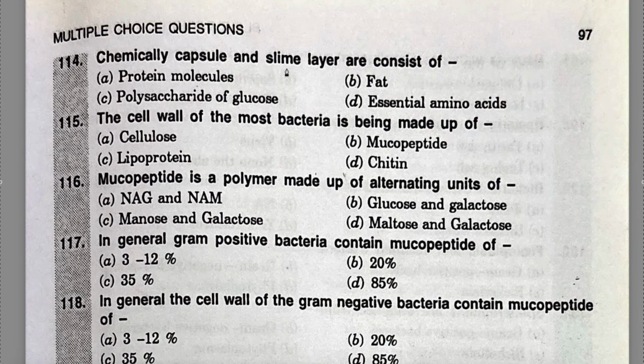Chemically, capsule and slime layer consist of protein molecules, fat, polysaccharide of glucose or essential amino acids. Answer is polysaccharide of glucose. 115. The cell wall of most bacteria is made up of cellulose, mucopeptide, lipoprotein or chitin.